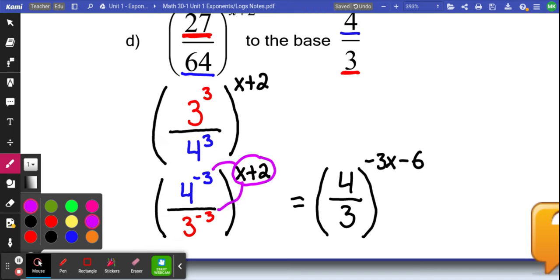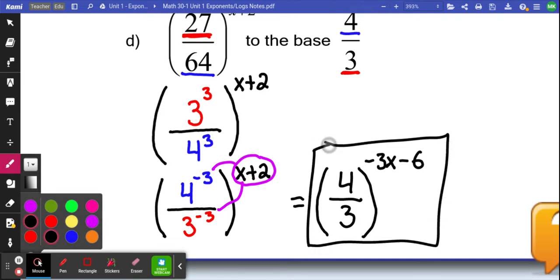And then I'm just moving it to the outside, like I did in the previous question. Cool. That one is excessively hard.